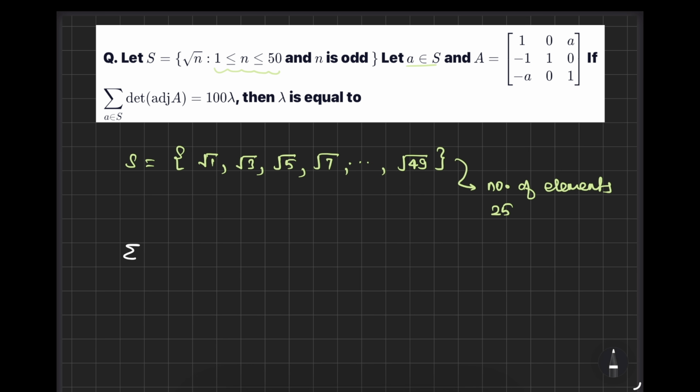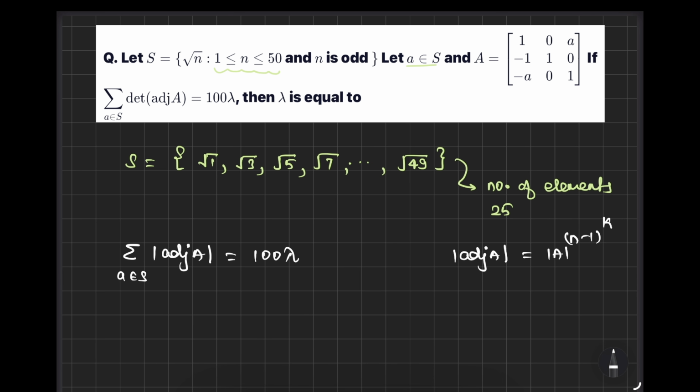So it is the summation over A belongs to S of determinant of adjoint A, and they have already given the answer, that is 100 times lambda. Now you know that determinant of adjoint A is nothing but determinant of A to the power n minus 1, to the power k, where k represents the number of times you have written adjoint.